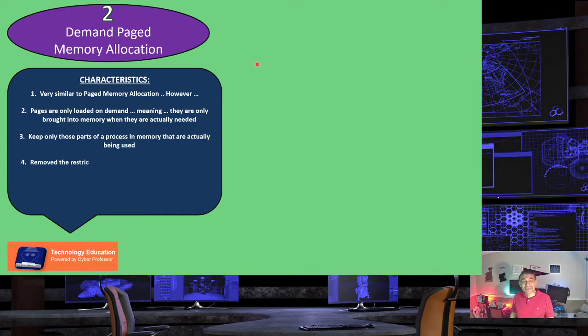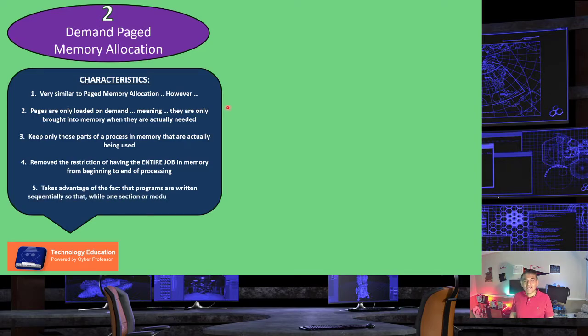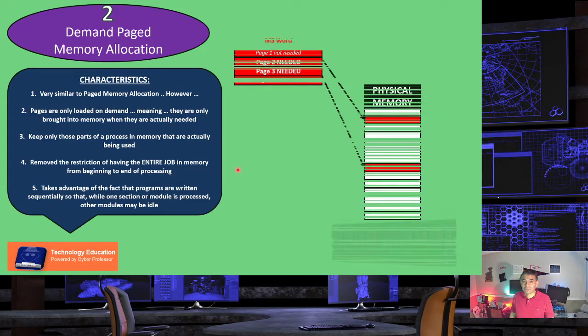That keeps only those parts of a processing memory that are actually being used. It removes the restriction of having the entire job in memory from beginning to end of the processing. And finally, it takes advantage of the fact that programs are written sequentially so that while one section or module is processed, other modules may be idle.